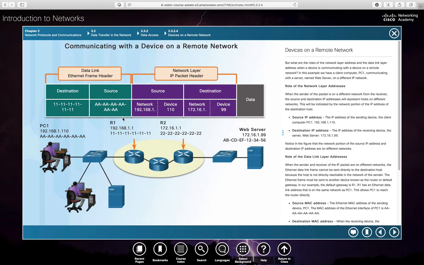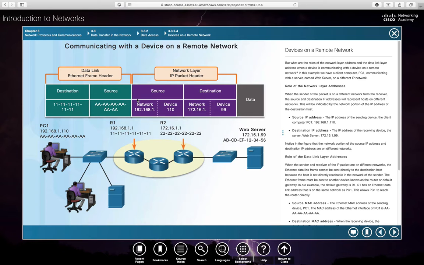But basically, if it's on a different network, you send it to your router and basically say, this packet's off my network, deal with it. And it will look at its routing tables and try to get that packet to the next hop. That process continues until it makes it to the final destination, in this case 172.16.1.99, which is the web server on the right.